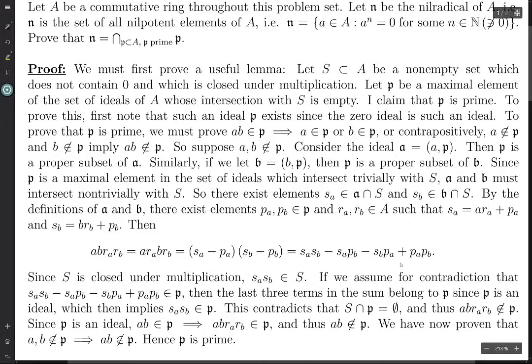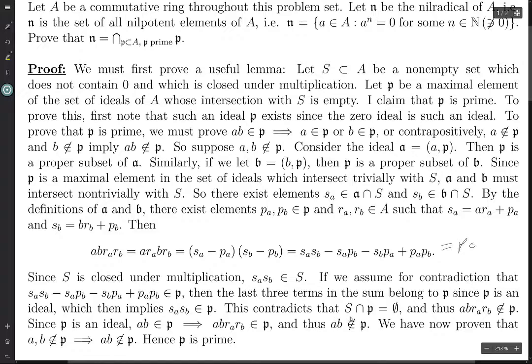And since ideals are closed under multiplication and addition, all three of these things are in P, and so the sum of these three terms is in P. So if this whole sum is in P, then you can write the sum of these four things as equal to, let's say, P0, which is an element of P. And then you take these three terms and move them to the other side, and SA times SB is equal to a sum of elements of P, and therefore SASB is in P.